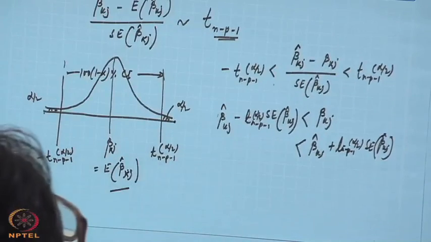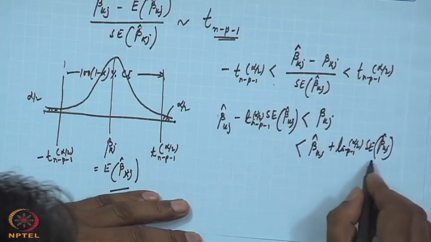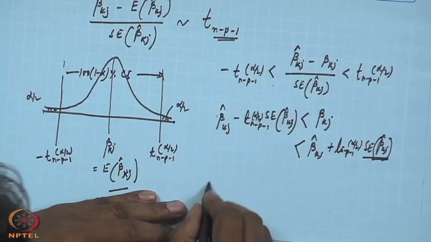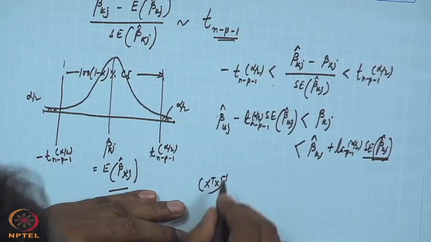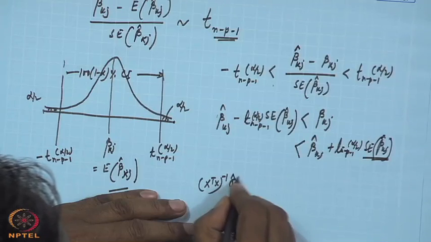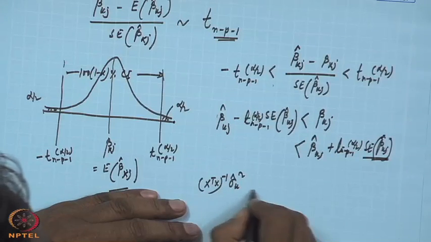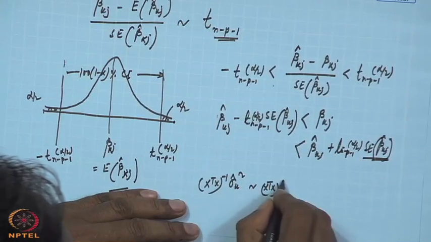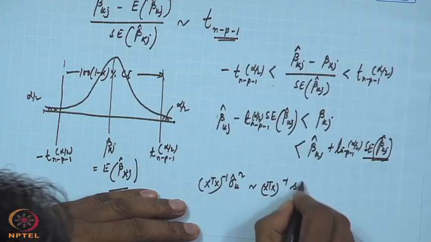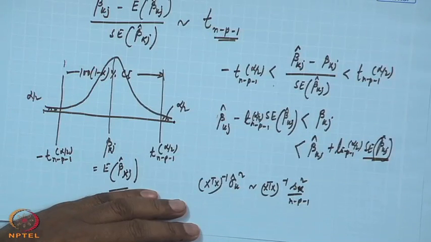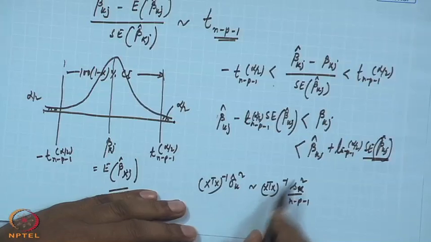So, how do you know the standard error? I told you, X transpose X inverse times sigma k cap square, which will give you X transpose X inverse S k square by n minus p minus 1.